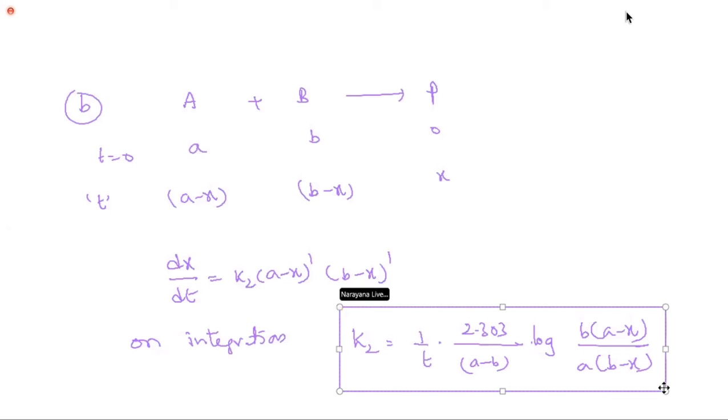I'll repeat: 1 by T, 2.303 by A minus B, log B into A minus X over A into B minus X. These two formulas with the star marks, you copy, for second order kinetics rate constant.